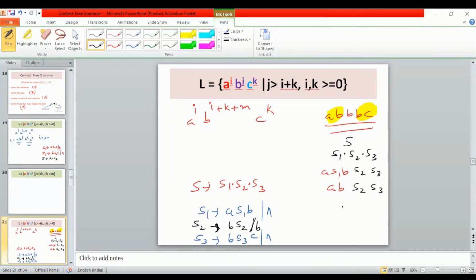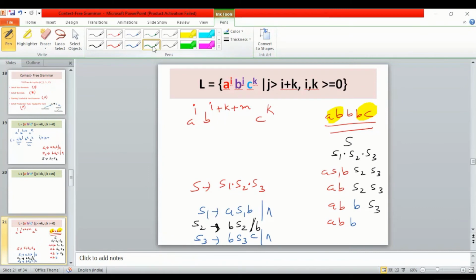Now from S2 we'll directly get null B because we require one B. So we have ABB, and we have S3. Now from S3 we'll derive the BC, the remaining part.